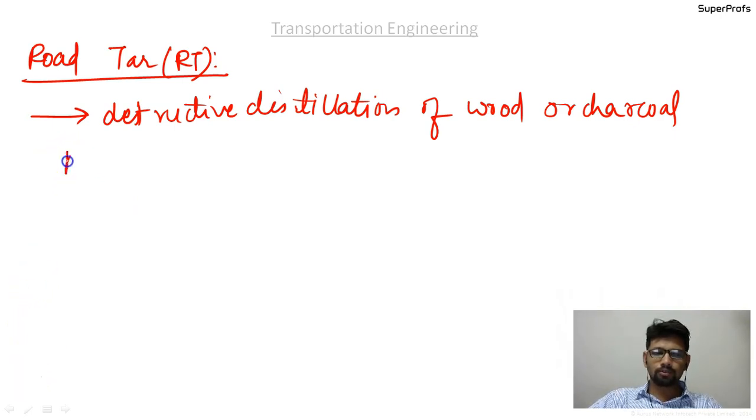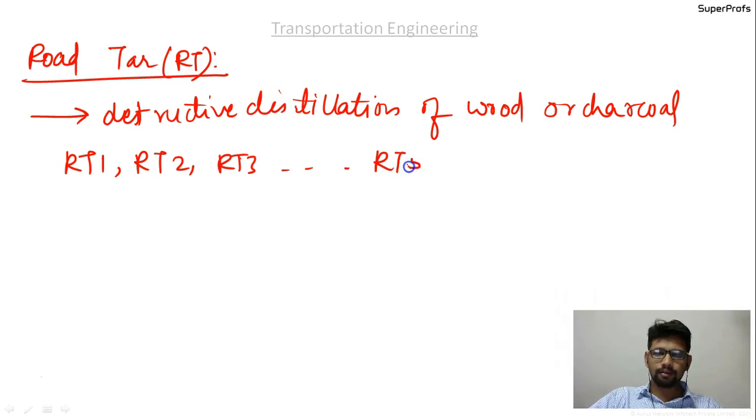There are 5 grades for road tar, that is RT1, RT2, RT3 up to RT5, that is road tar 1, 2, 3, 4, 5, and the number is the suffix.